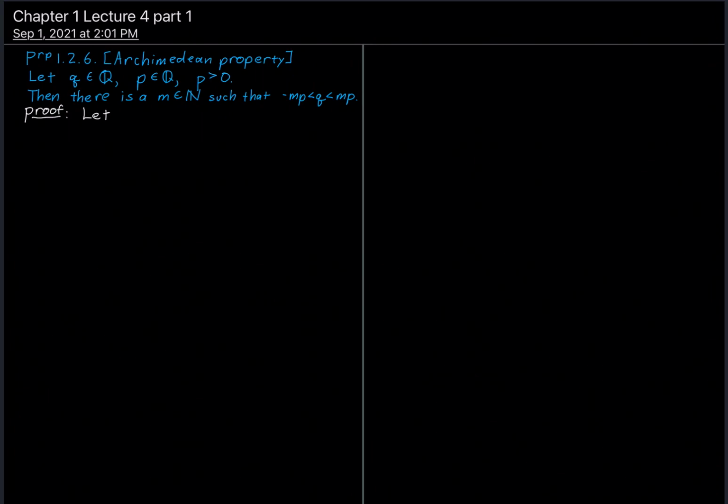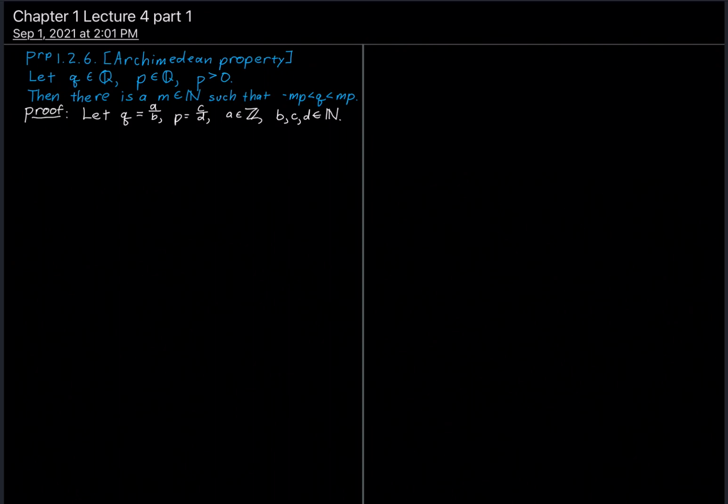So because they're rational numbers, we can write them as ratios of integers. Q is A over B, P is C over D, where A is just any old integer, but our denominators and the numerator of our positive rational number, they've all got to be positive integers. That is, they've got to be natural numbers.